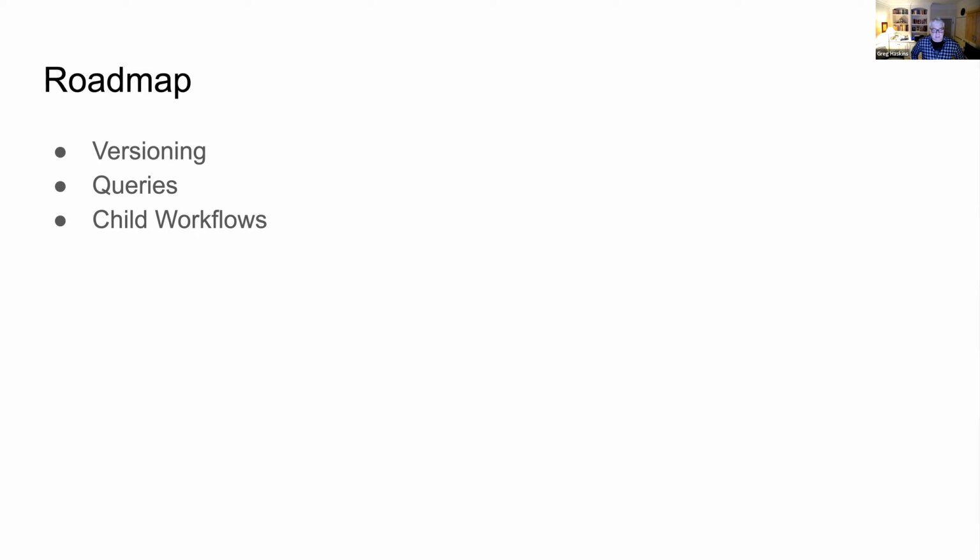So data converters, if you're curious, are something you can read about in the Temporal documentation. But the gist of it is that you can put these basically extra processors in your clients for data in and out of Temporal. So as we've talked about, values going in or out of workflows and activities get put into the activity log.